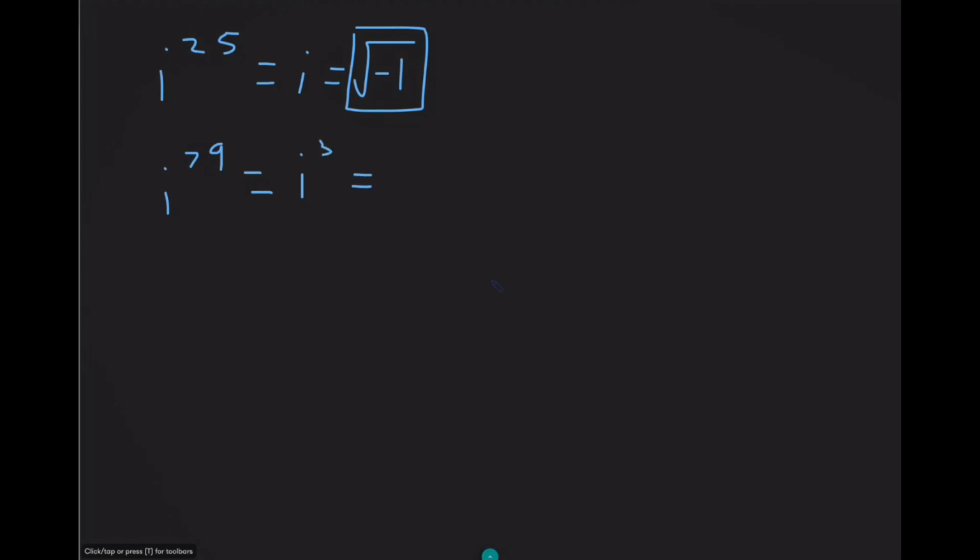So therefore, it will equal negative i. And now i to the 44th. That will equal i to the 4th, so that will be 1. And then i to the 22nd. Now that will equal i squared, and that equals negative 1.